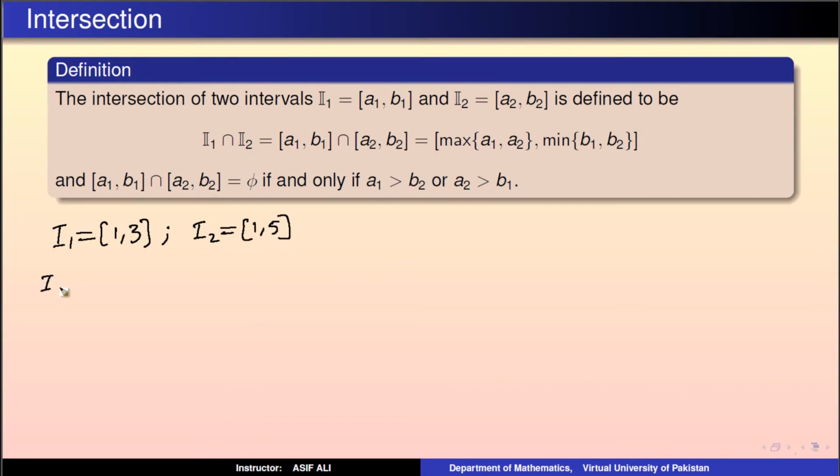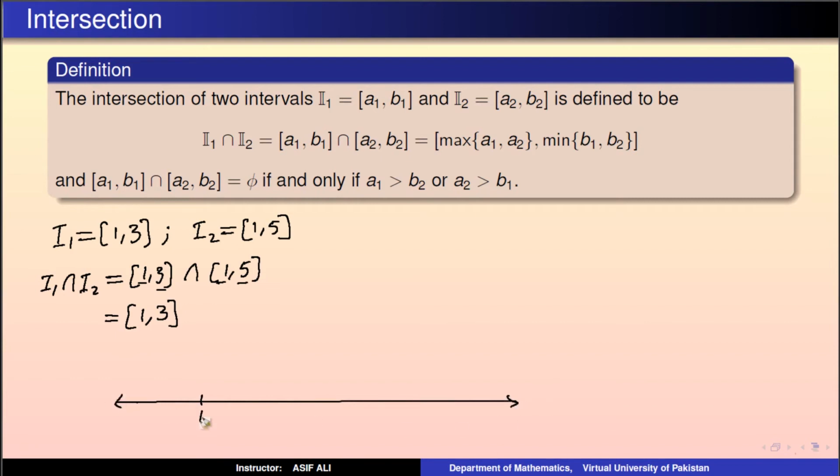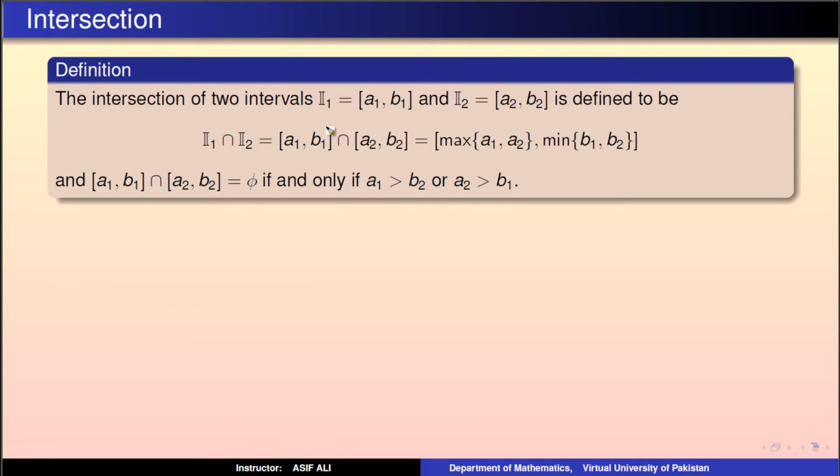Then I1 ∩ I2 = (1, 3) ∩ (1, 5), which is equal to maximum of these, which is 1, and minimum of these numbers, which is equal to 3. इसको ड्रा करके देखते हैं। This is 1 2 3 4 5. इसमें देखें (1, 3) I1 है और (1, 5) I2 है, और इन दोनों का इंटरसेक्शन क्या है? (1, 3).